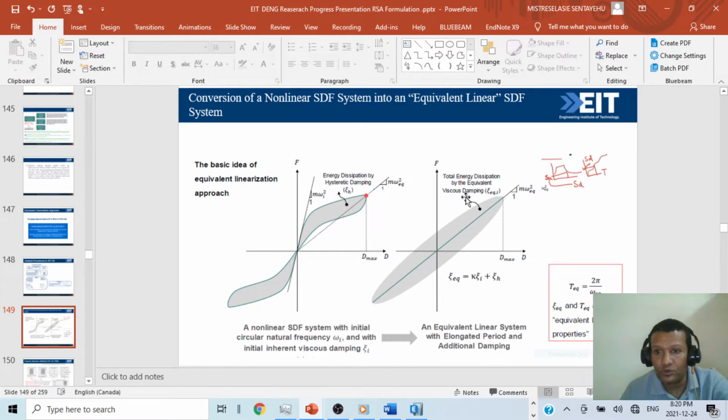I recommend you to read, but the main idea is once we convert it from here to here, and we know the displacement, we go to our spectral displacement. We have the spectral acceleration against the period, this is our response spectrum. Once we know the period, the equivalent linear property, we go here and we can get the spectral displacement directly.